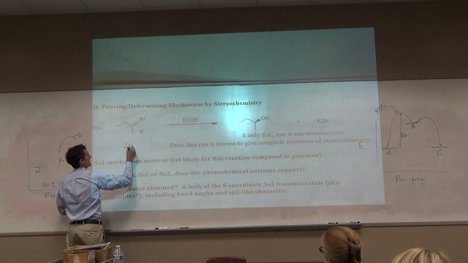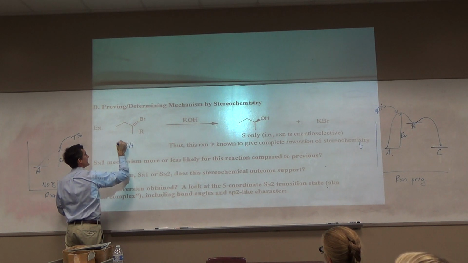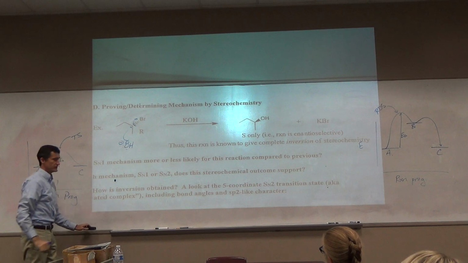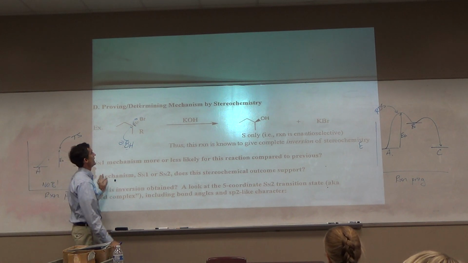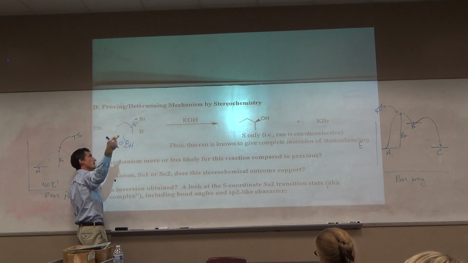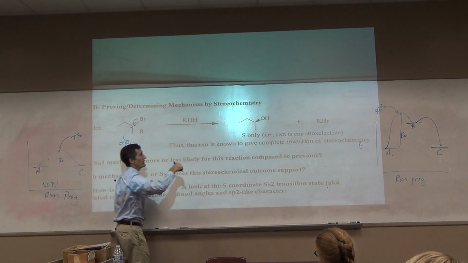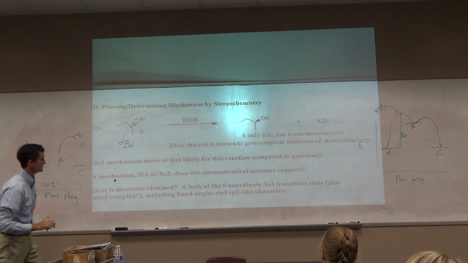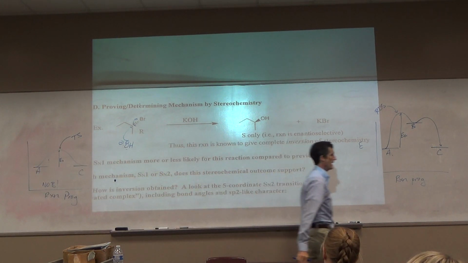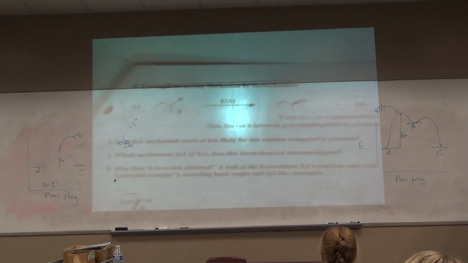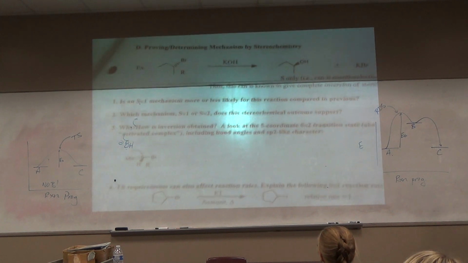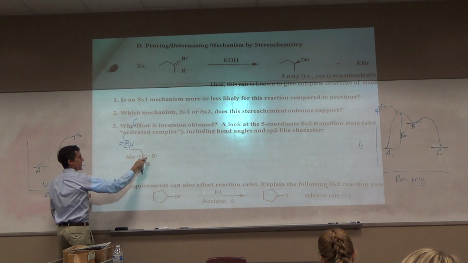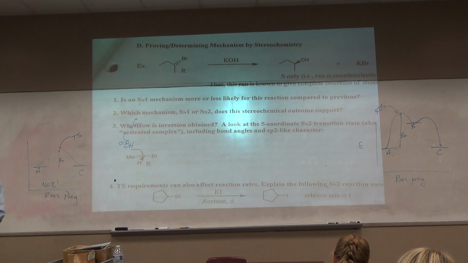Bromine's going back, right? How does the hydroxide come in? I can't really show it here in 3D. Some hydroxide's coming in from the front, kicking off the bromine. That's why it's now forward. How's inversion obtained? Here's the same compound, R. It's R here. It's the same exact compound, just turned a little bit.